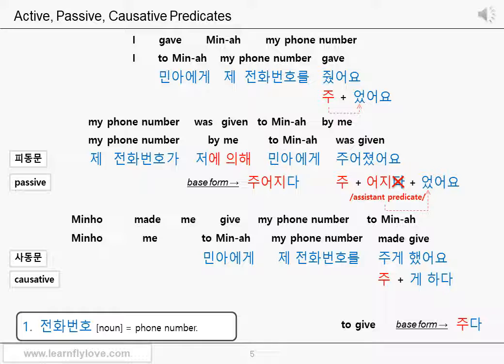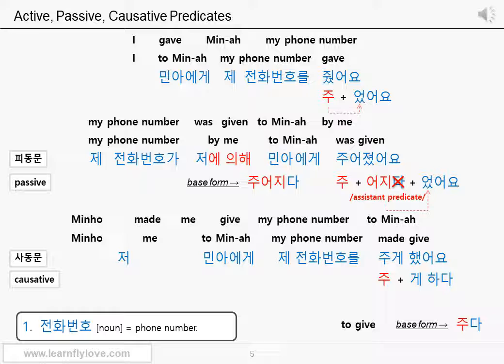This 에게 doesn't indicate someone who is affected by the action in the causative sentence. It simply indicates the indirect object of the verb give, right? To Mina, someone who receives something. 미나에게. Or, of course, you can use the particle 한테 too. 미나한테.